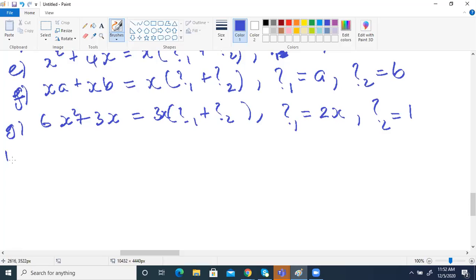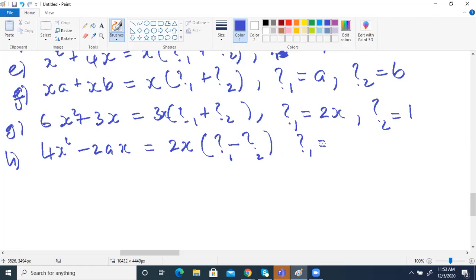All right, this is the last one for question 3, where x squared is 2ax. This is 2x, and I have question sign minus 1a.